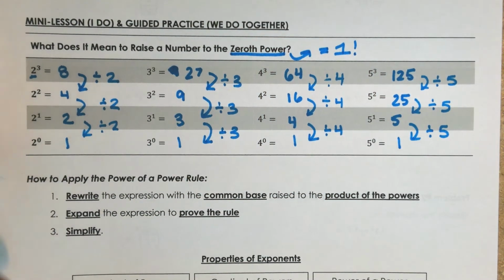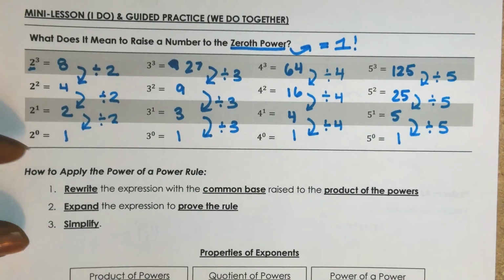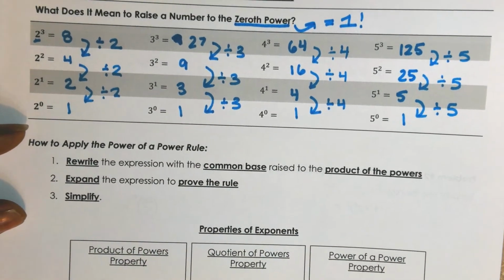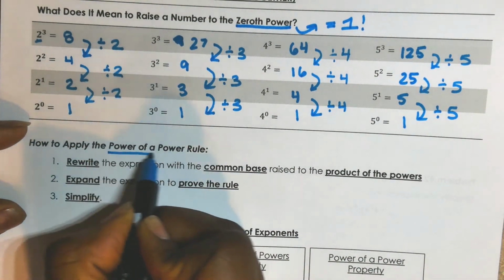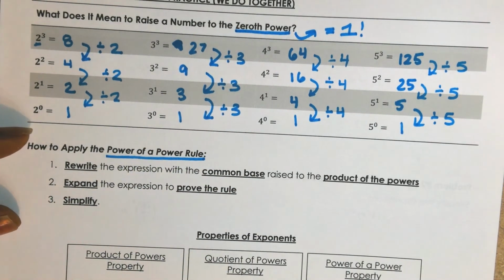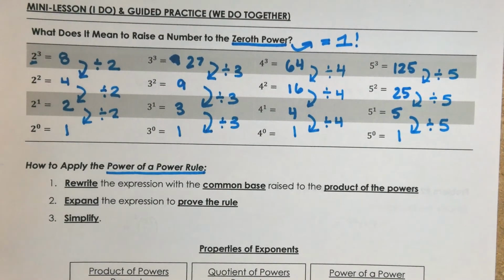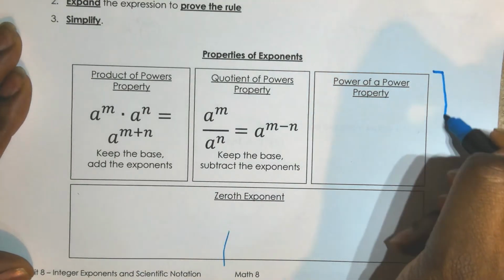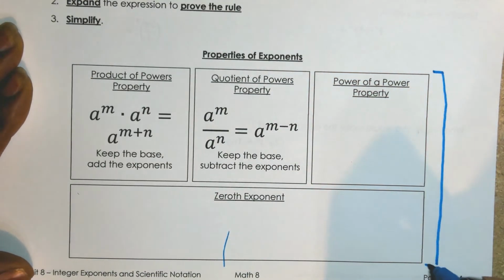Alright, so that is the 0th power, and here are the steps for the power of a power rule. Pause the video right now and read the steps. So these are the first 2 things that you are going to write on your notes that you will submit to me in Google Classroom.